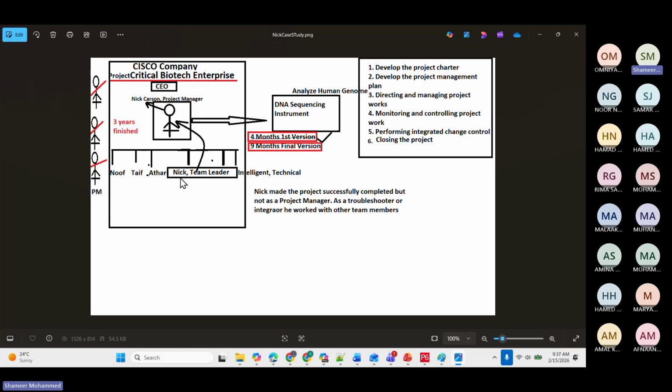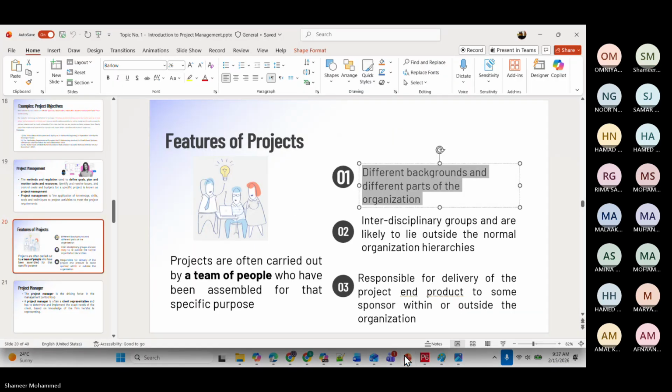Another person like Muhammad is in networking. So you have the programming background, networking background, security background, or software engineering background. Different types of people will be there in the team, not the same people. That is what this first feature is trying to say.